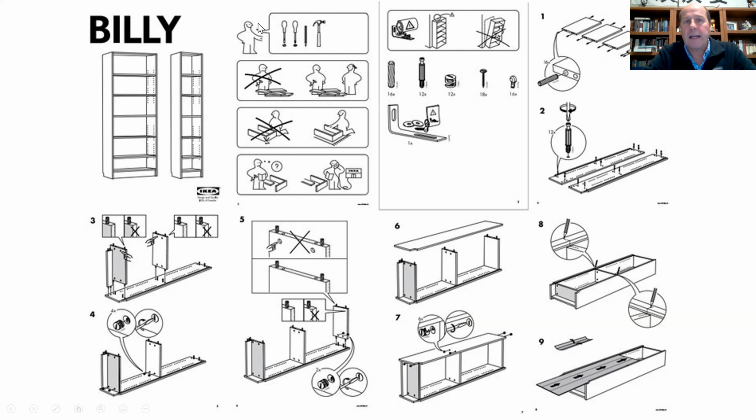I know the tools we're going to need. We're going to need a hammer, a screwdriver, a pencil. I know what not to do, and I know what to do. Don't do it alone, but do it with others. And this just tells you, here's all the equipment that you're going to have. And here's step 1, step 2, and it takes you through the entire process without a single word. This is a beautiful example of a graphic organizer.